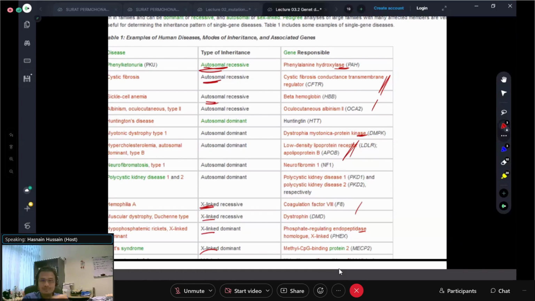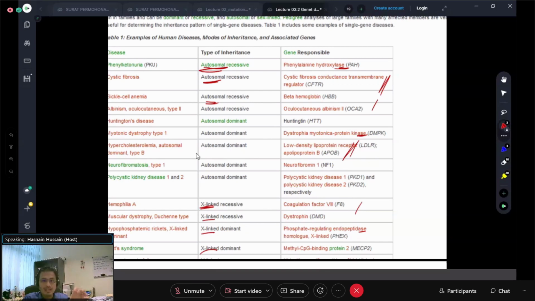What is autosome? Anyone? I'm looking at the chat, but nobody. Non-sex, all right. X-linked is related to sex chromosome. So the autosomal chromosome is the one which is not the X or Y. Okay, so when you see this, you can see that, not somatic cell.